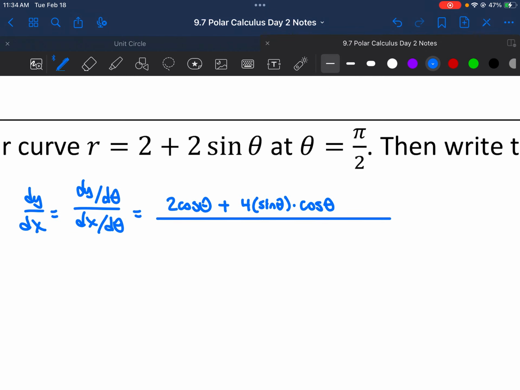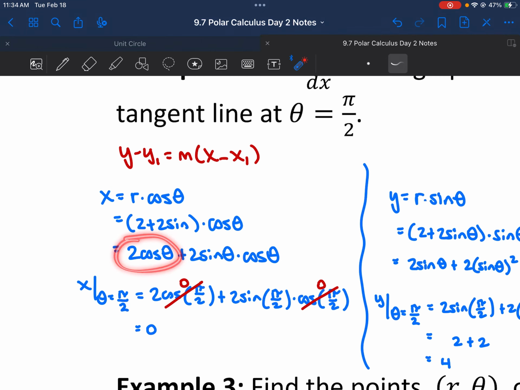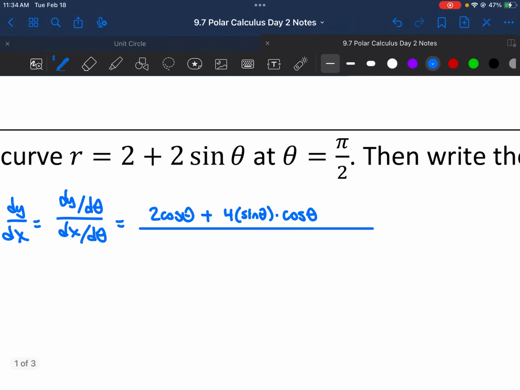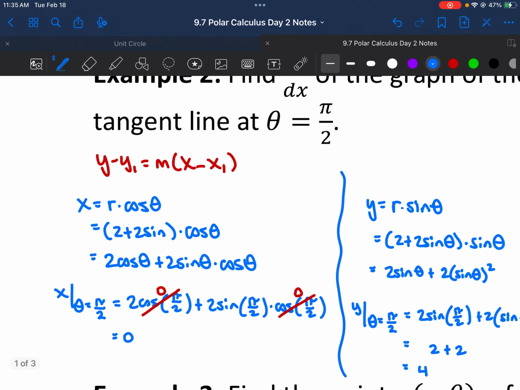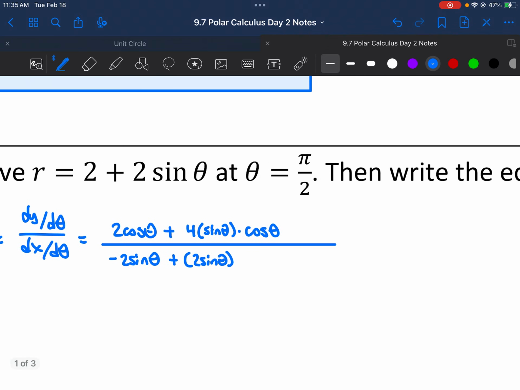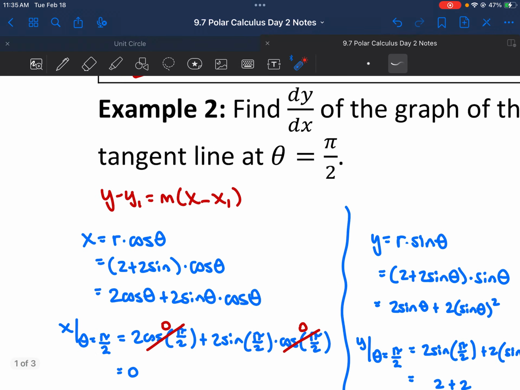Now we do dx/d theta. Here's x in terms of theta. Let's take its derivative. Derivative of 2 cosine is negative 2 sine plus, and then here we're going to have to do product rule. 2 sine of theta times the derivative of this, cosine is negative sine, plus cosine times the derivative of that.